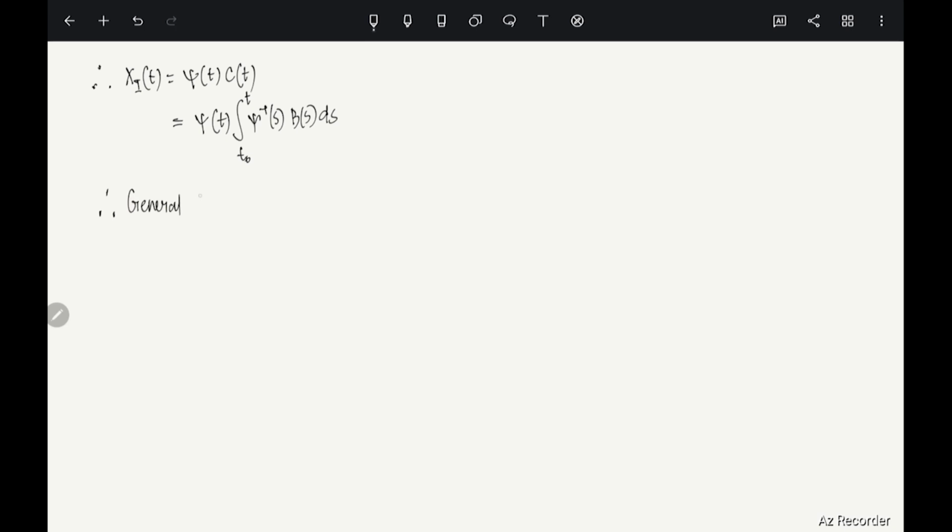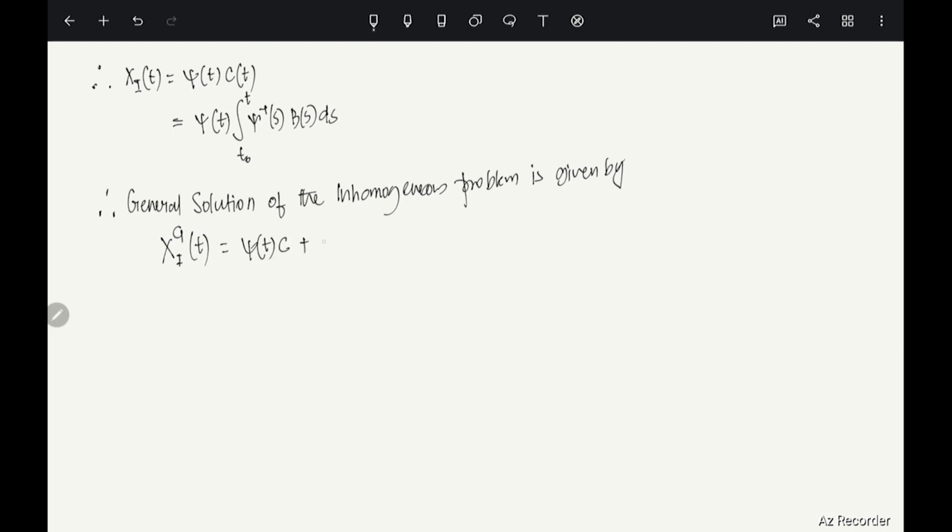The general solution of the inhomogeneous problem is given by phi t times c plus the integral from t naught to t of phi of t, phi inverse of s, b of s ds.